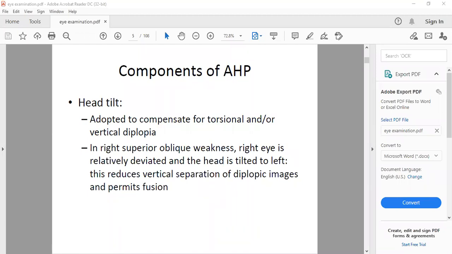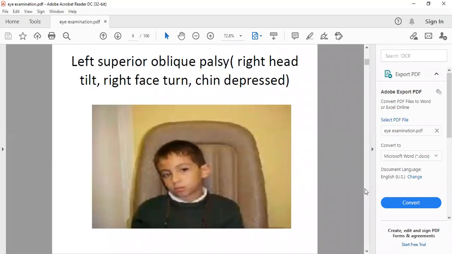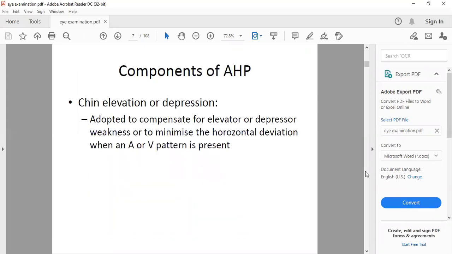Then, say in oblique palsies there will be head tilt. You can see that there is not only the face turn but the head is tilted. The head is tilted towards the right. So in left superior oblique palsy, the head is tilted towards the right, and there is a chin depression also, and the right face also is turned.